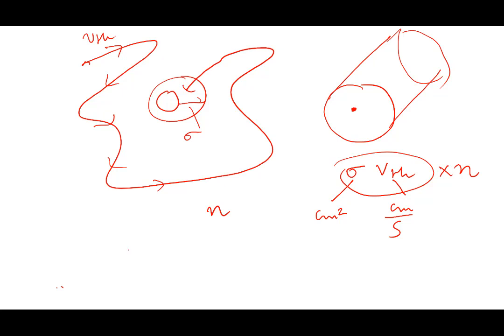So what we are saying is that the rate of capture will depend on sigma Vth n multiplied by nt 1 minus ft. This is the rate at which the electrons are getting captured, or the rate at which my electron density in the defect state is rising.